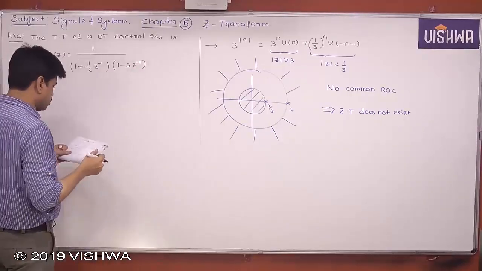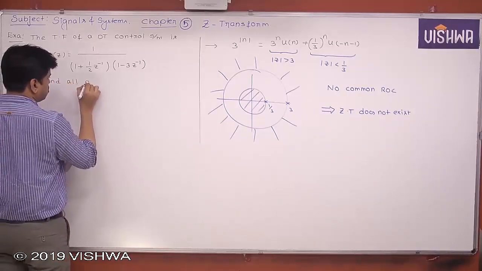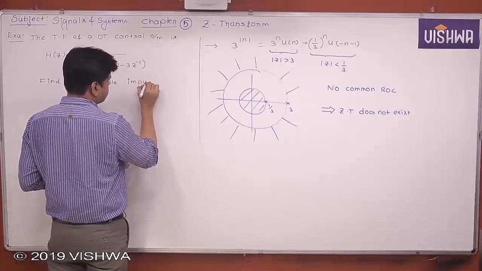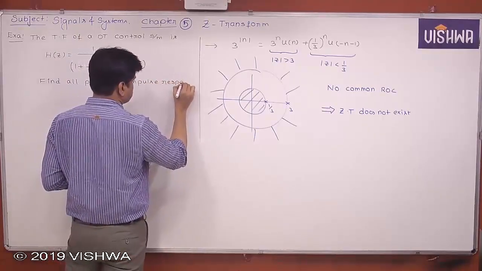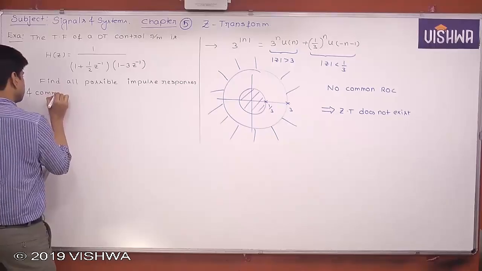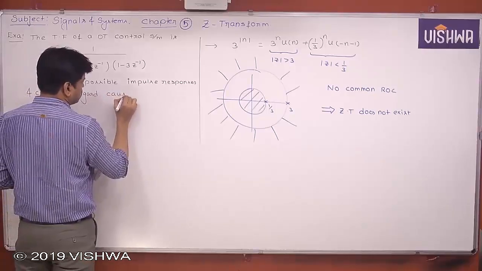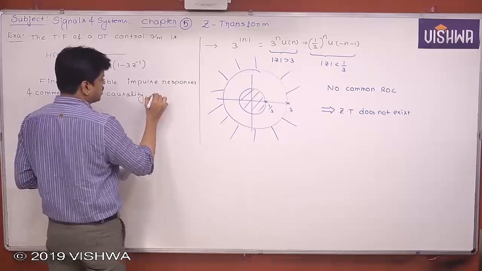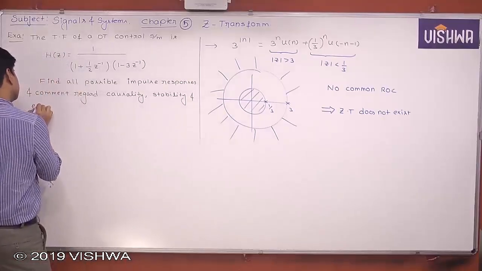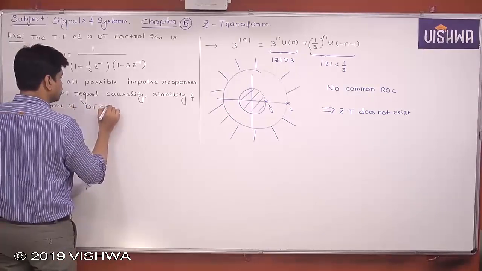Find all possible impulse responses and comment regarding causality, stability, and existence of DTFT.